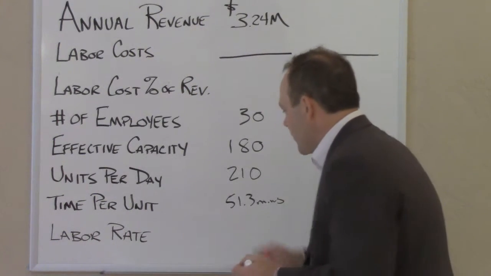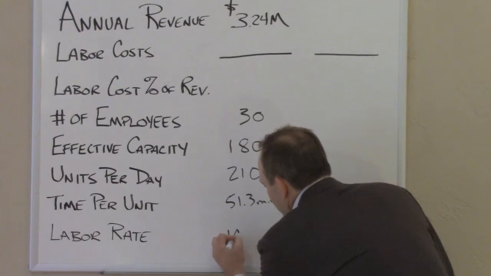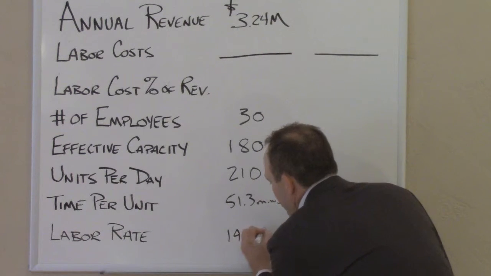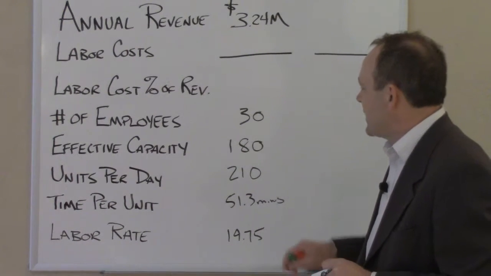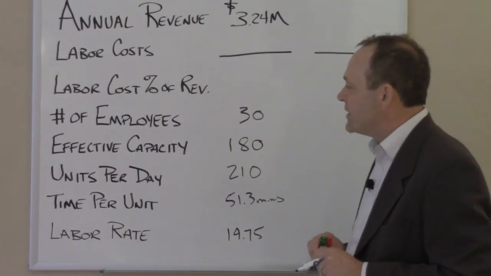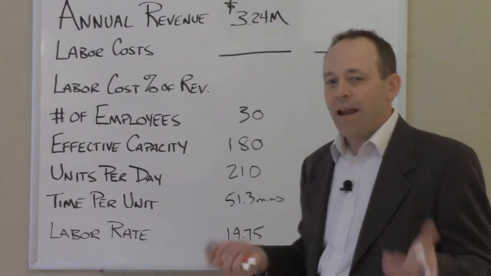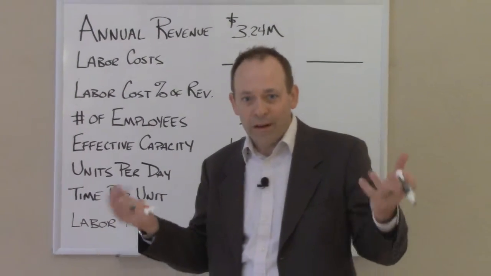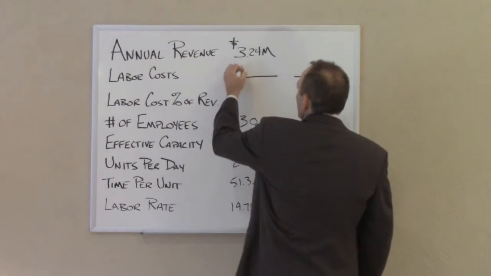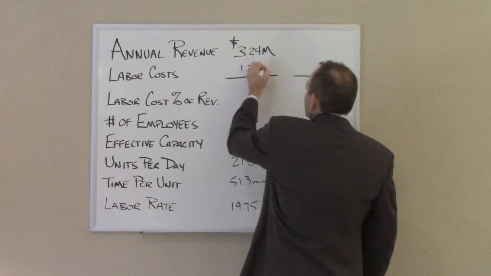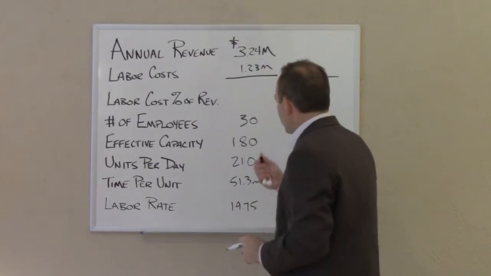And in this case, our burdened labor rate is $19.75 per hour. Okay, so if I take that $19.75 and multiply it by the 30 employees, and then multiply it by 2,080 hours, which is how much you pay an employee every year, I come up with a pretty sizable number of $1.23 million in labor costs per year.